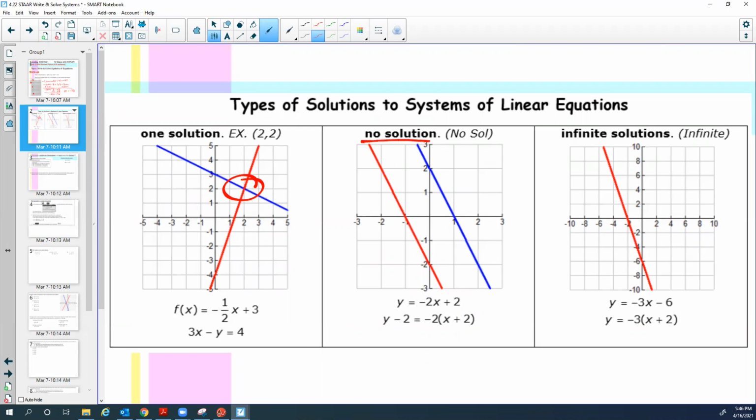There's other times where you have no solutions because the slopes are exactly the same. The lines are parallel. There's other times where you have infinite solutions where the lines are exactly the same. There's no difference between the two equations. They both have the same slope, the same y-intercept, the same coordinates, everything's the same.